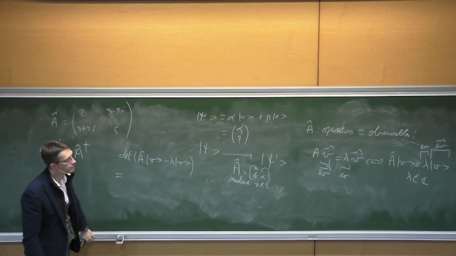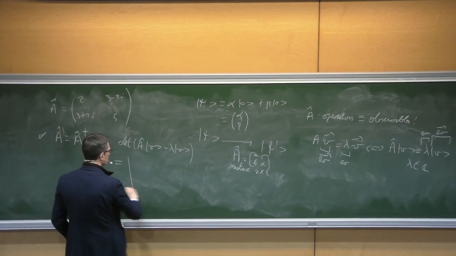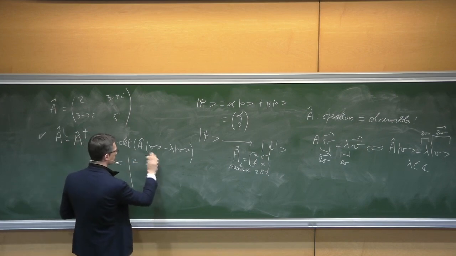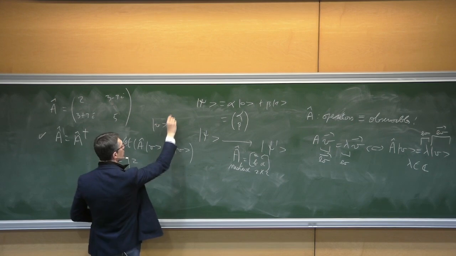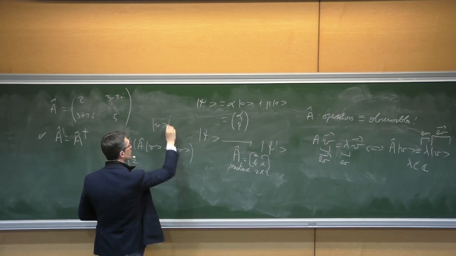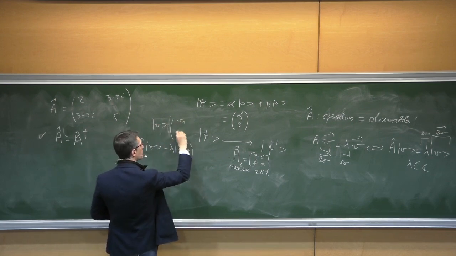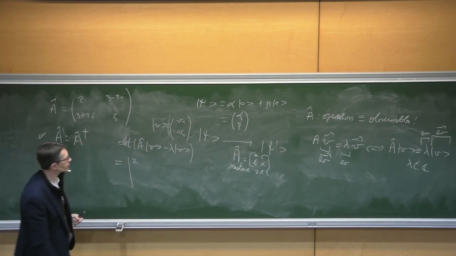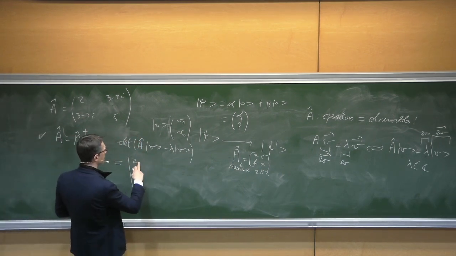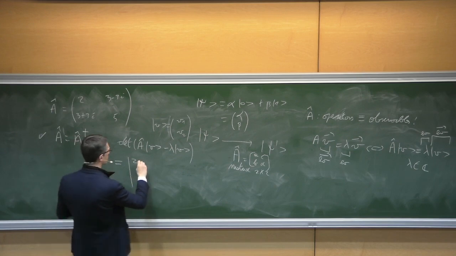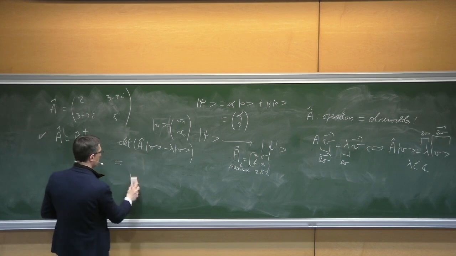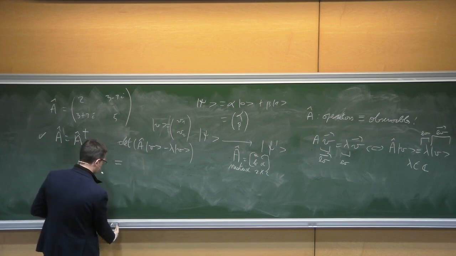So what I'm going to have is something like this. If I define V, the column vector, the ket, with V1, V2, which can be complex numbers, then let's write it first.